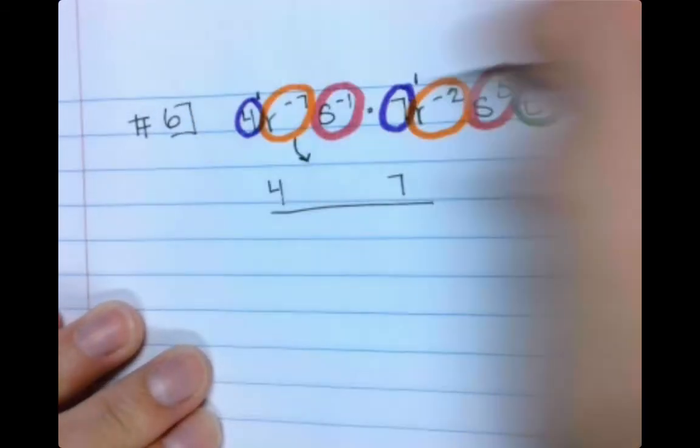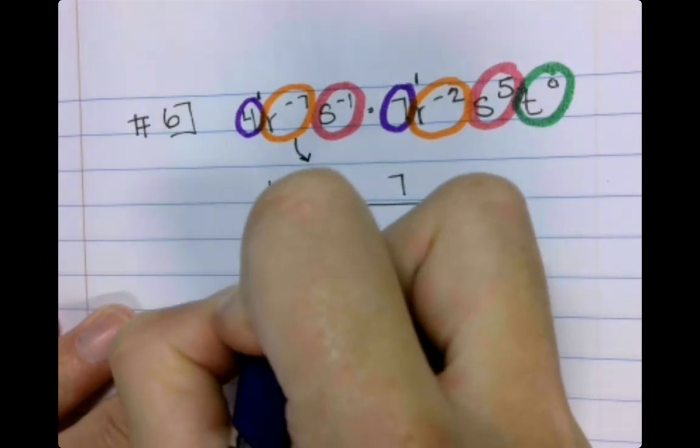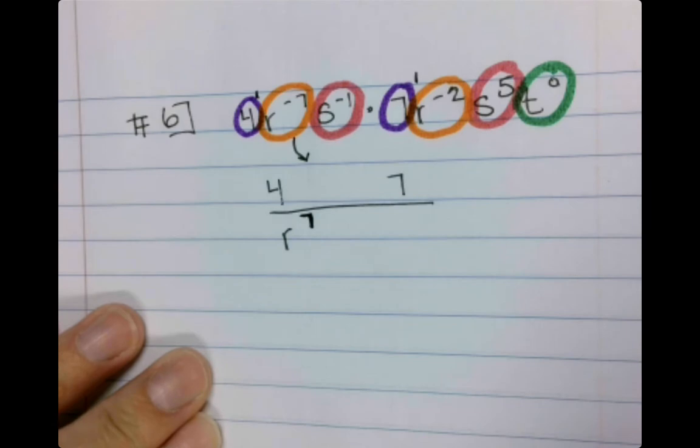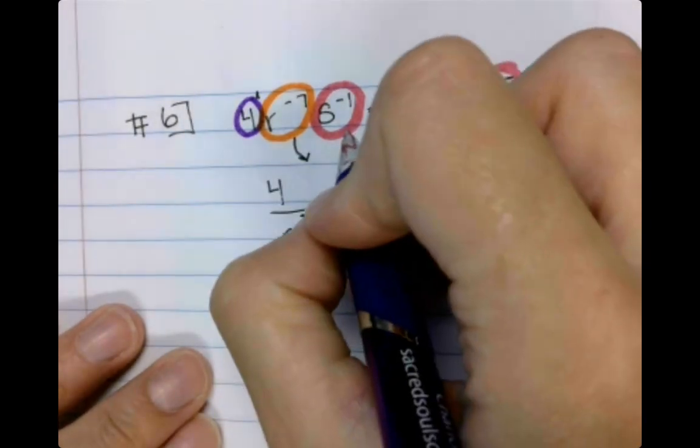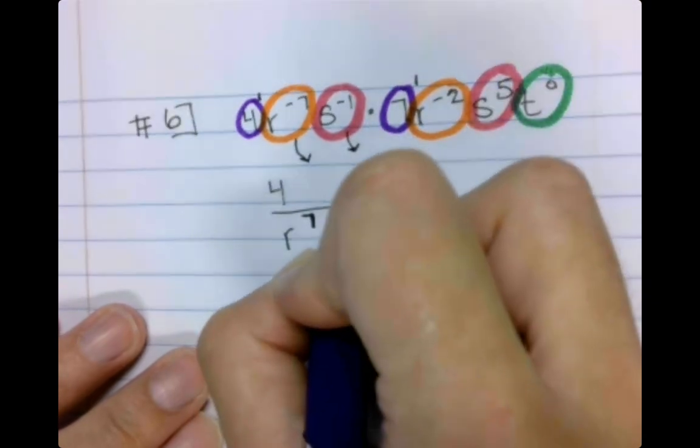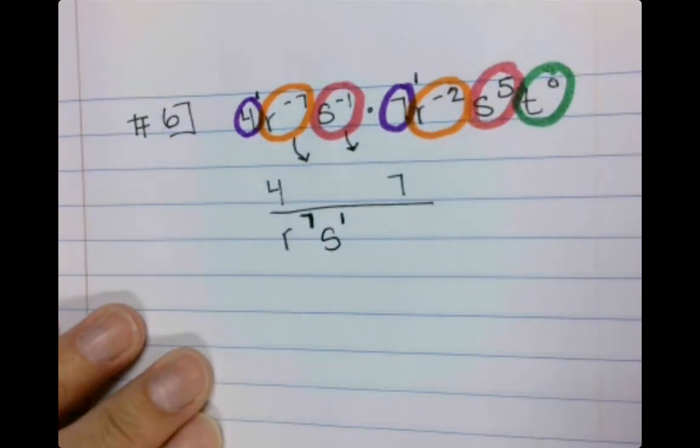It needs to go to the bottom. So we are going to put r to the negative 7 on the bottom and change that negative 7 to a positive 7. s to the negative 1st, same thing. We are going to move that to the bottom and make that negative 1 a positive 1.